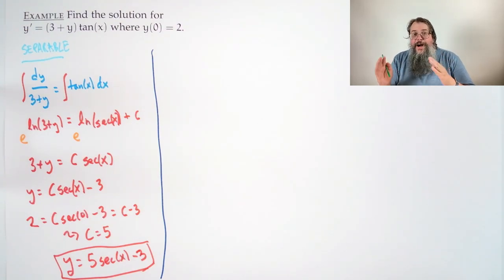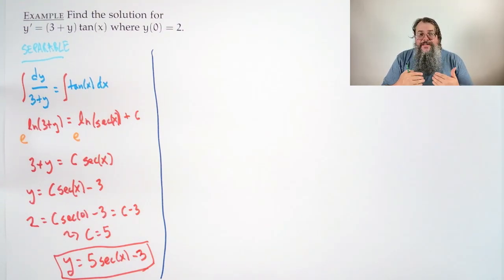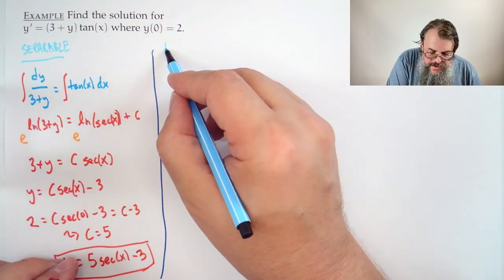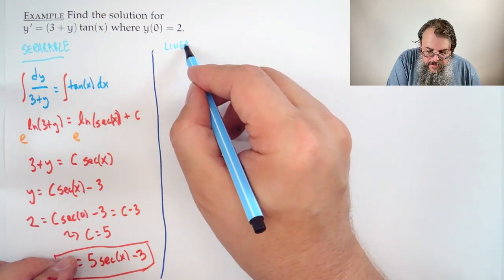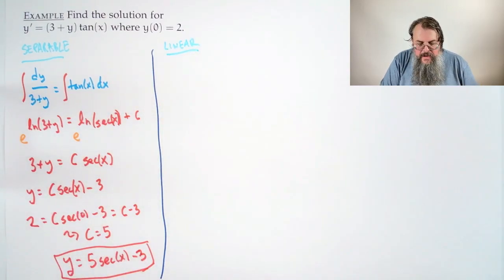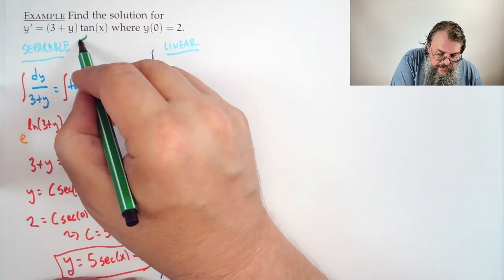So, how would this be done if we were thinking about this in terms of a first-order linear? We'll call this our linear solution. What would it look like? First off, we have to write it as a linear function.